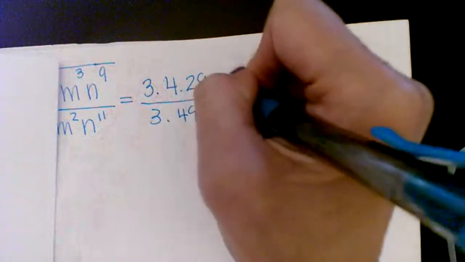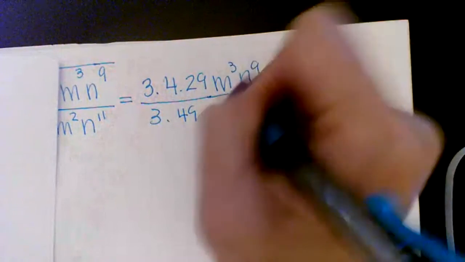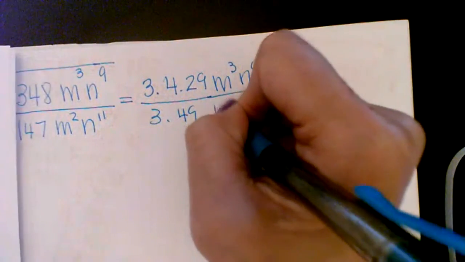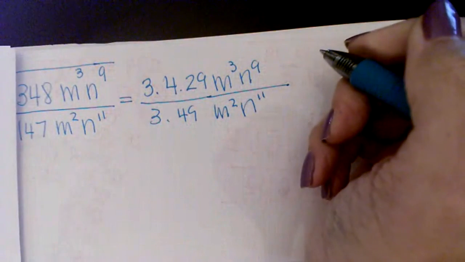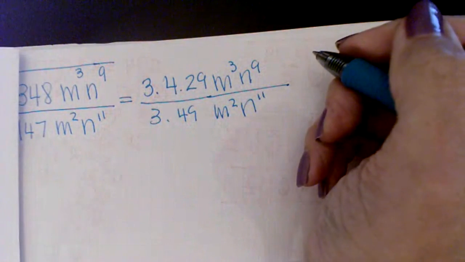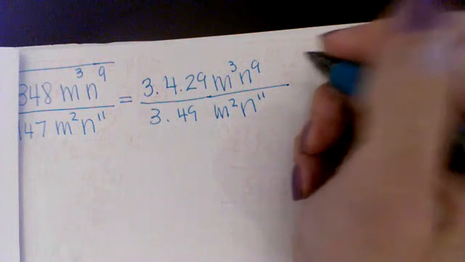Don't forget that we have the n to the third, n to the 9, n to the second, and n to the 11th power. Okay? So right here, we're making a 1, right?